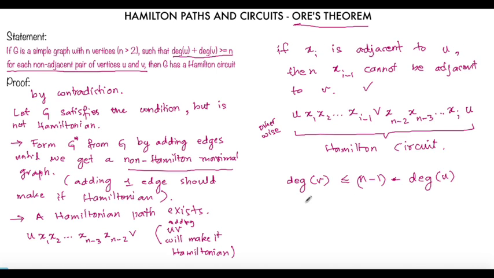Degree of u. So if I play with this, I can say degree of v plus degree of u is less than n minus 1. But we said that degree of u plus degree of v is greater than or equal to n for each non-adjacent pair, and u and v are obviously non-adjacent. So this is a contradiction.